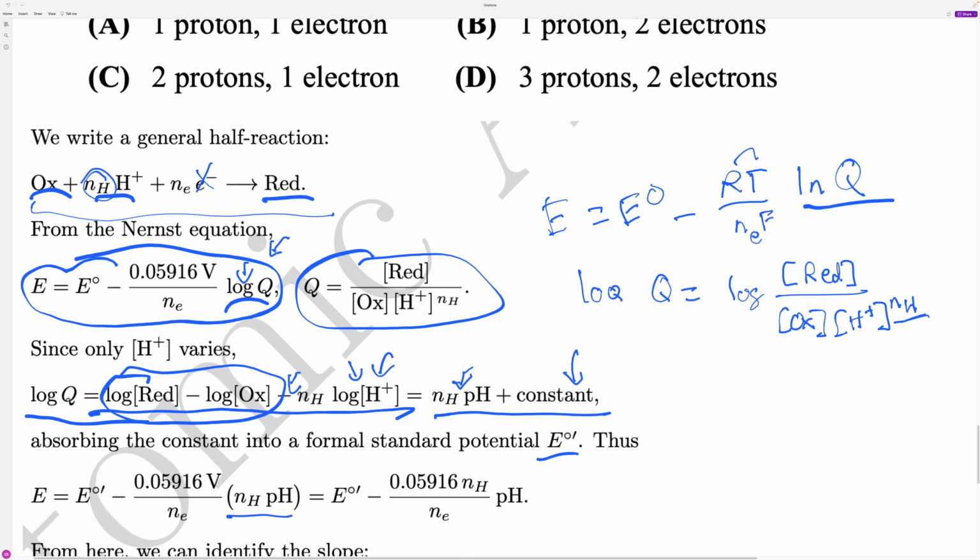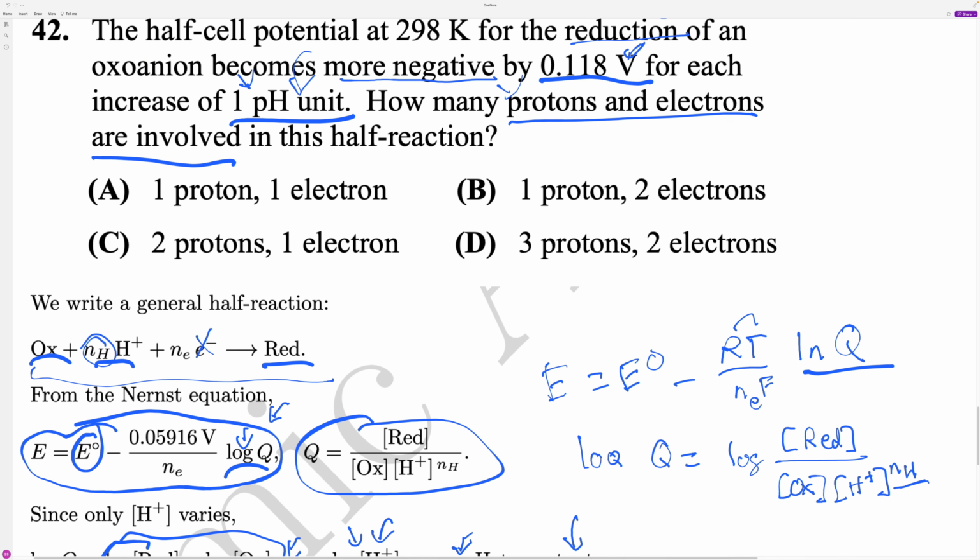You don't need to worry about that too much, of course. If you're taking this test, you don't need to notate it like that. But yeah, we're just ignoring the constant for now, grouping it in with this constant. You notice how we changed the notation here. So now we have this final thing for the cell potential, or the half cell potential.